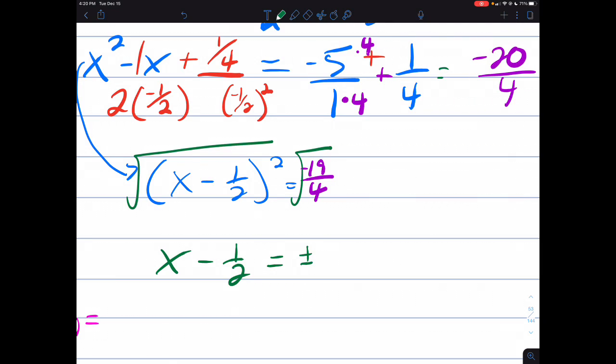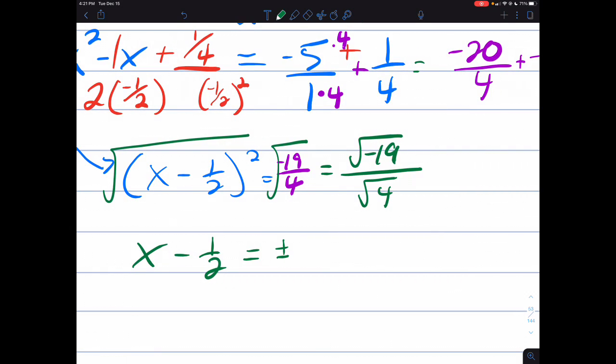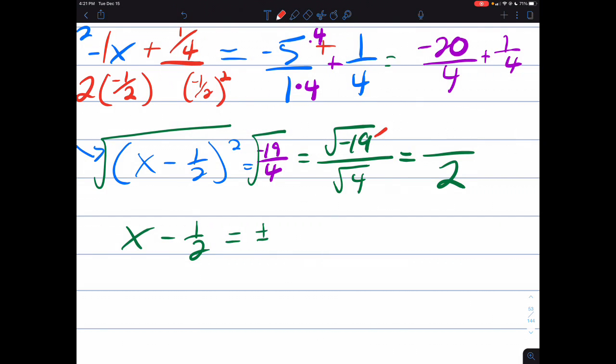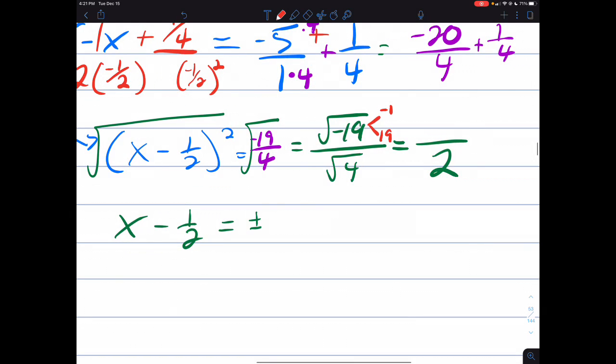So we need to simplify the square root of -19 over the square root of 4. Well, the square root of 4 is just 2, so that's helpful. And then -19 is just going to be -1 times 19. 19 is a prime number, so I can't break it up anymore. I'm going to change our square root of -1 to i and leave the 19 in the house.